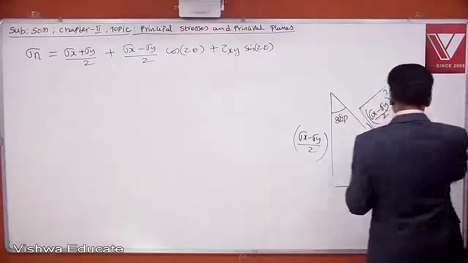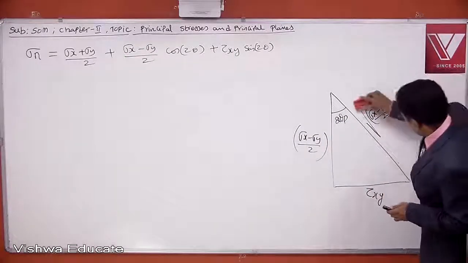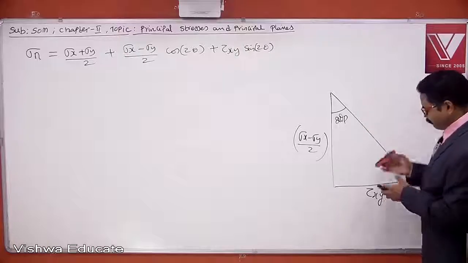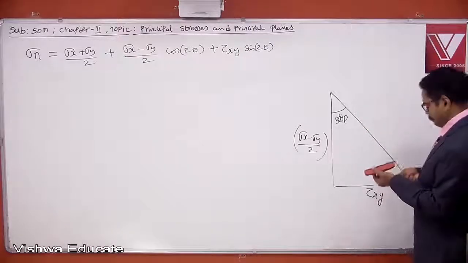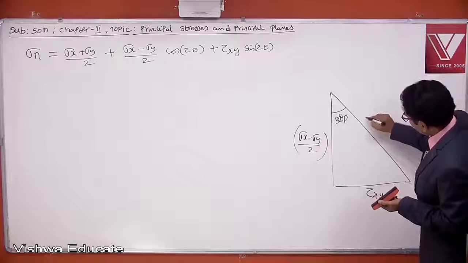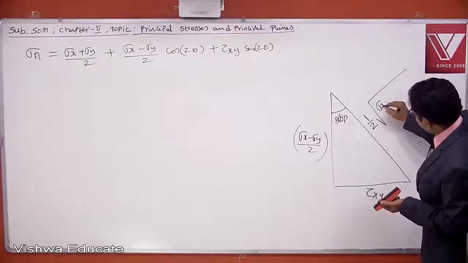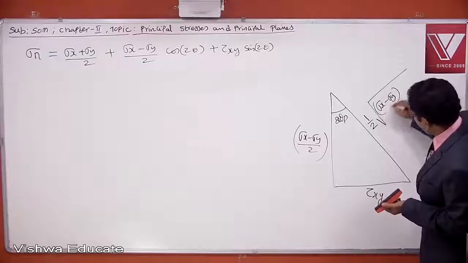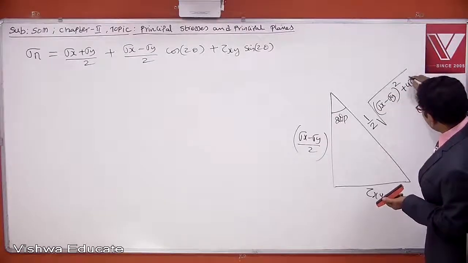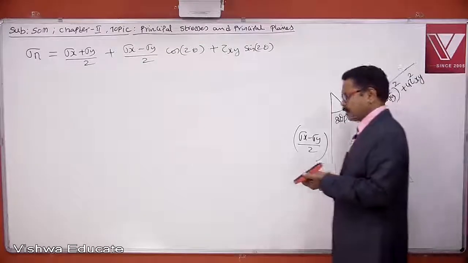Of course, if you simplify this, you may get something like this: 1 by 2 into the square root of (sigma x minus sigma y) whole square plus 4 tau square xy. Earlier expression and this are the same, so don't worry.